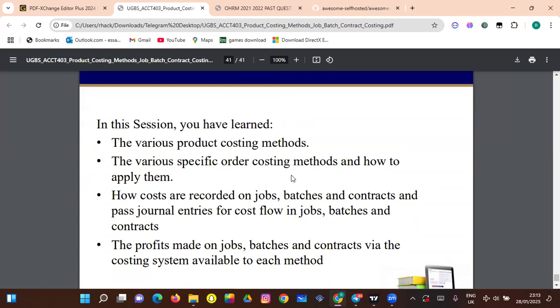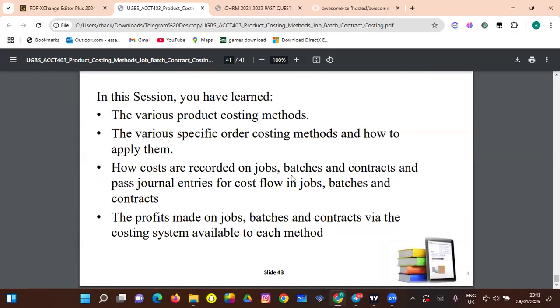We've also talked about how costs are recorded on jobs, batches, and contracts, and how we pass journal entries for cost flow in jobs, batches, and contracts. We've also spoken about the profits made on jobs, batches, and contracts via the costing system available to each method. So this is where we end our class for today.